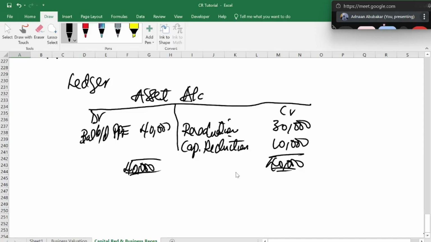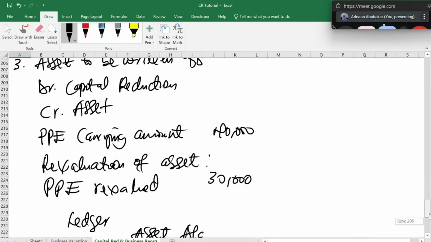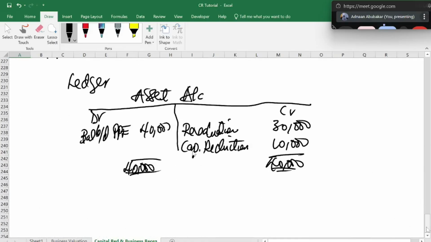So here, is the company gaining or losing? For the company, it is losing, because the asset has lost in value. So here it's simple. Wherever you see the capital reduction, the opposite will go to the capital reduction account.